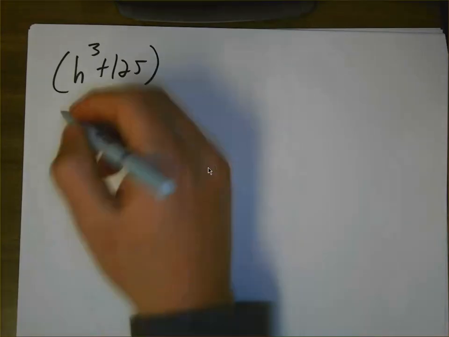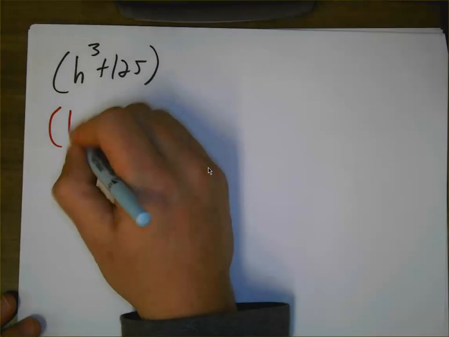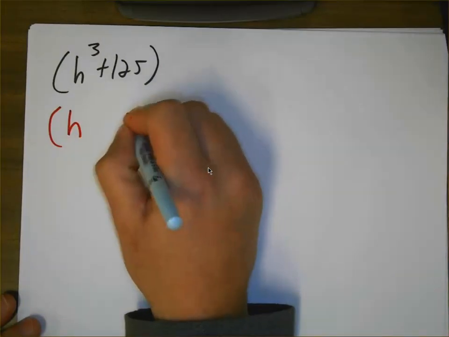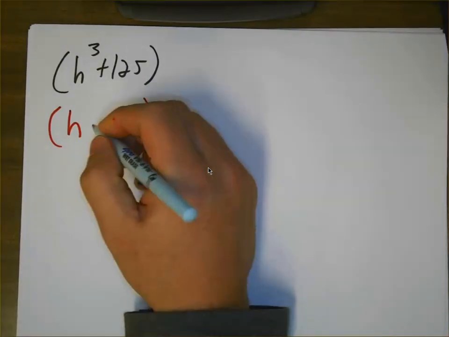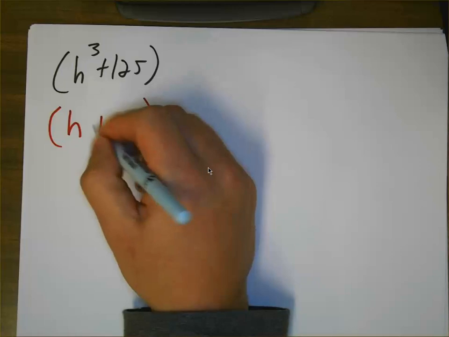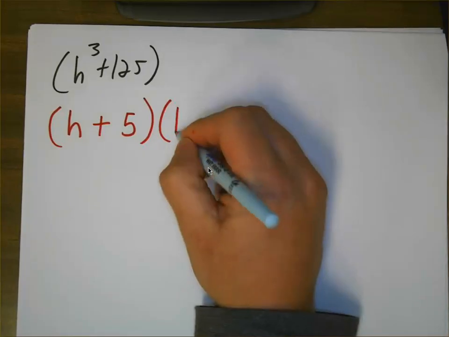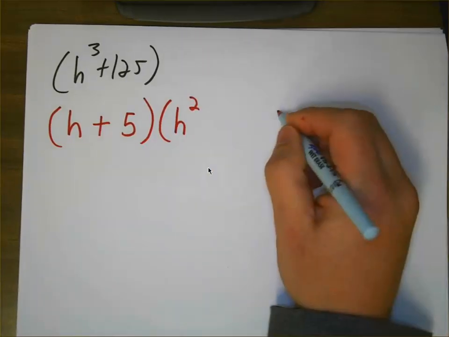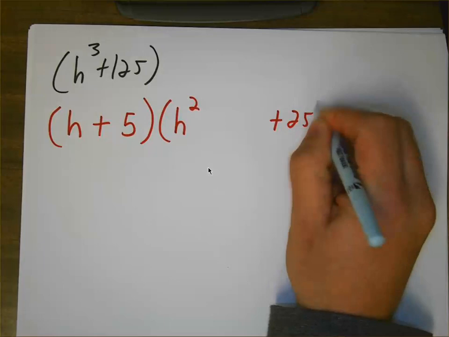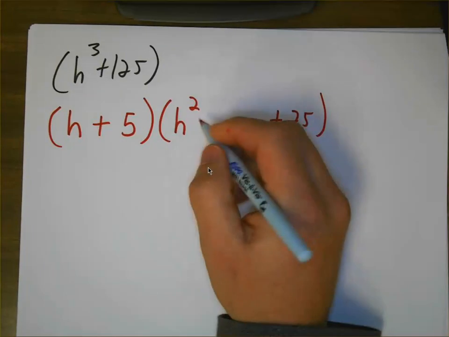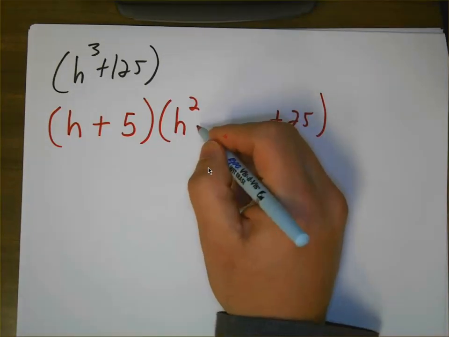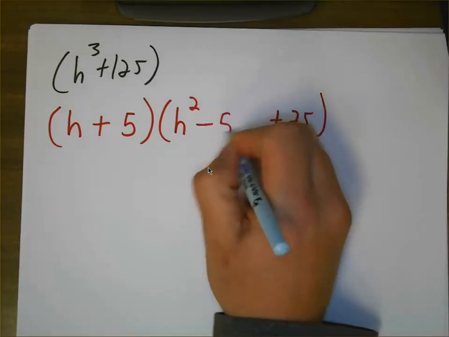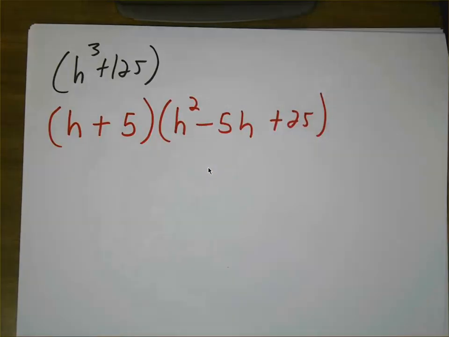So what does this become? If I follow my rule, h and 5, and I think this is going to be the plus right here. And then I square the first term, which is h squared. I square the last term, which is 25. I multiply the two, 5h, and I do, I think, a minus there. So minus 5h. So it comes up like that.